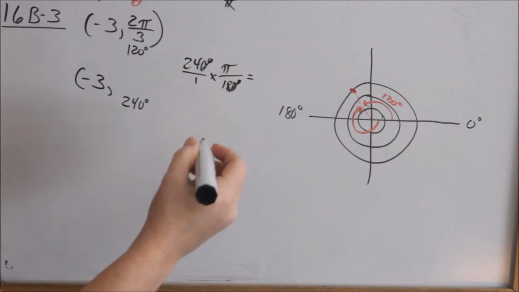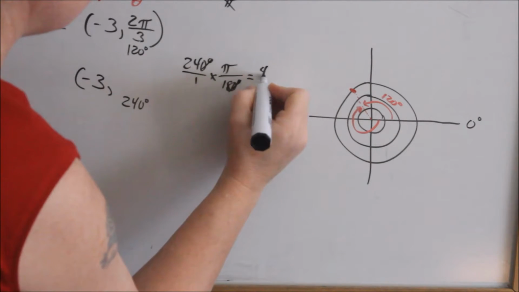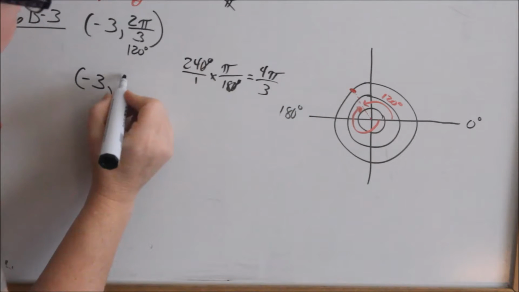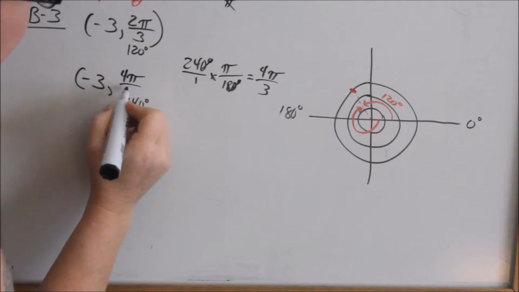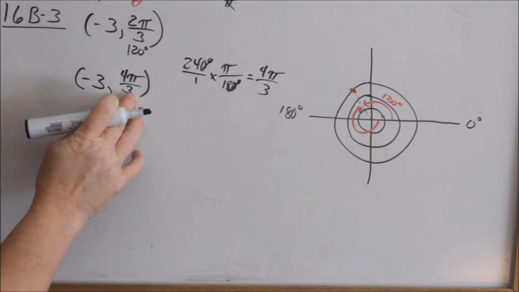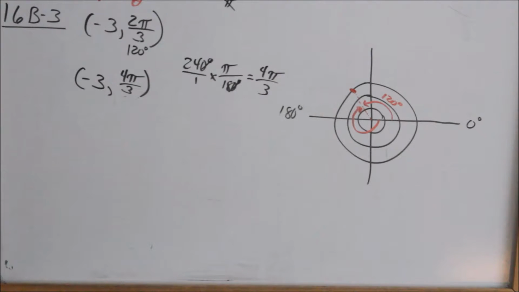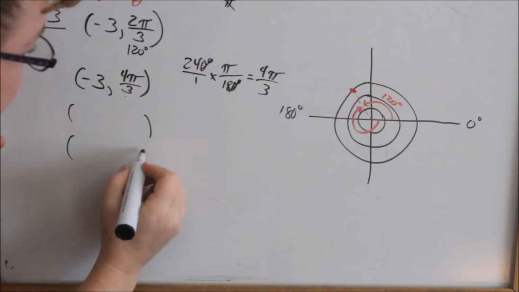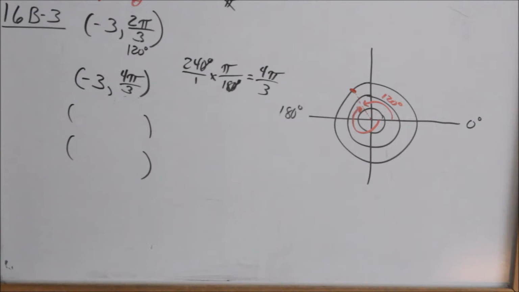I can reduce those both by 6, so that would be 4 pi over 3. So I know this is the same thing as 4 pi over 3. So I'm going to take that away. I still need to write my answer three more ways.